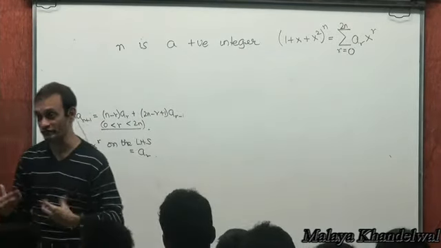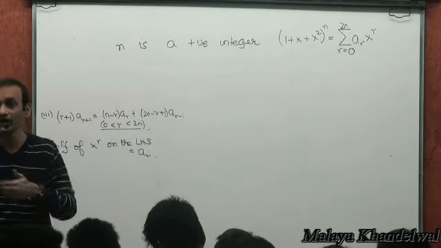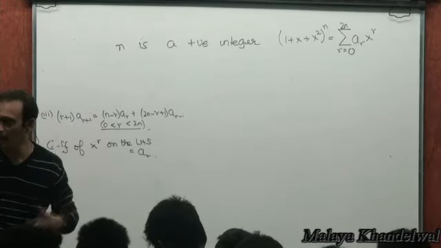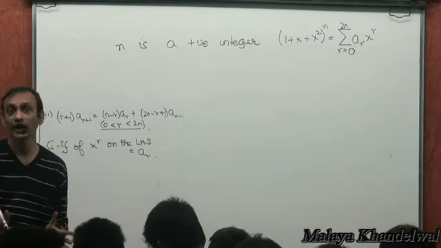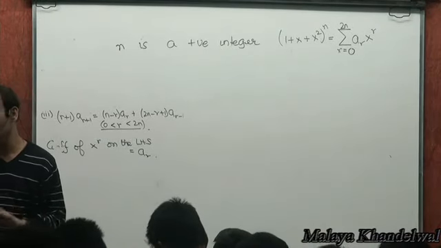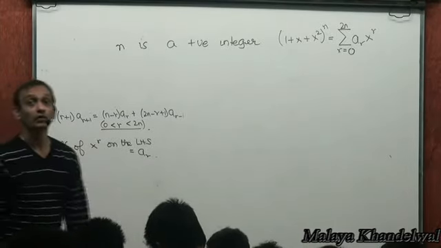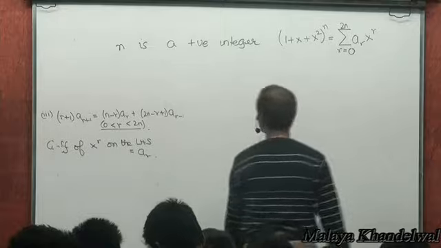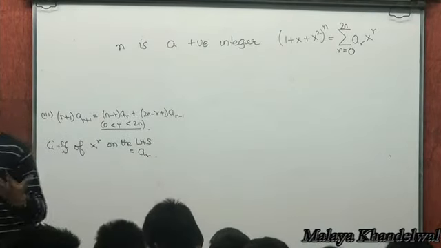These are three neighboring coefficients. ar minus 1, ar and ar plus 1 are three neighboring coefficients for floating r. r varies from 0 to 2n, but ar minus 1, ar, ar plus 1 would be three neighboring coefficients. I want to connect them. Now, we'll have to get a clue somewhere on how to bring this about.